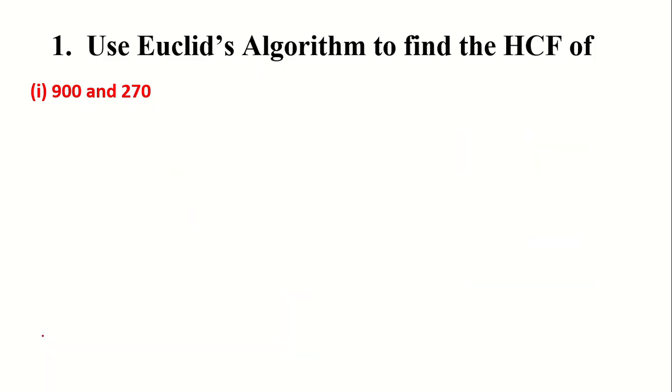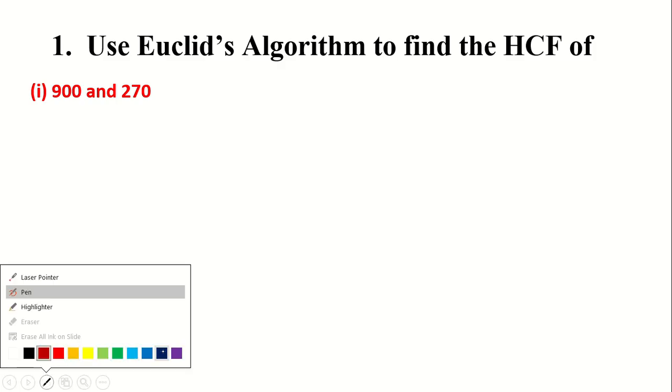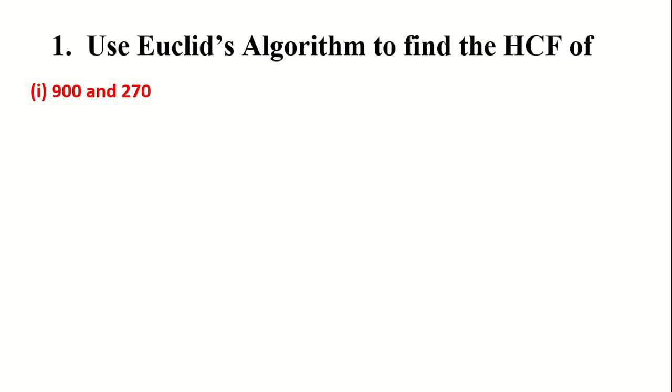Okay, let me explain once again. We have two numbers, 900 and 270. Euclid's algorithm is A equals BQ plus R. A is the largest of the two numbers, which is 900, and B is the other number, 270. Now we need to find the quotient and remainder.